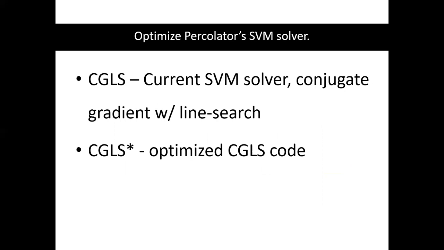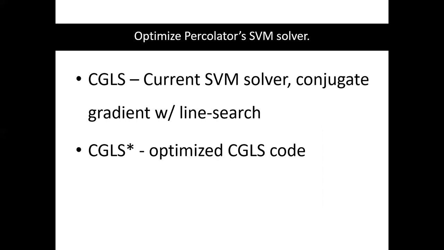So this brings us into the topic of how to effectively accelerate machine learning methods using high performance compute architectures. We'll start out with Percolator's current SVM solver, which is called CGLS, and we'll look at how we can speed this up exactly, without resorting to any types of approximation or anything like that.